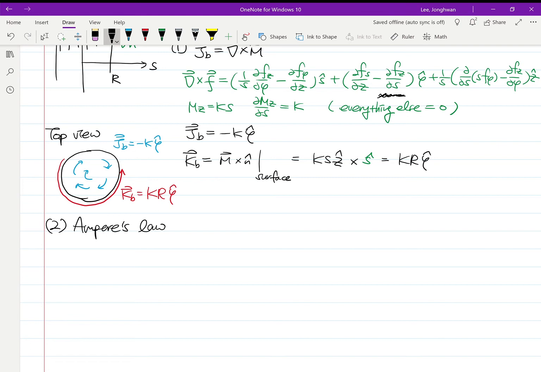So in this case, the B field in this cylindrical coordinate system will have three unknown functions in most general form.